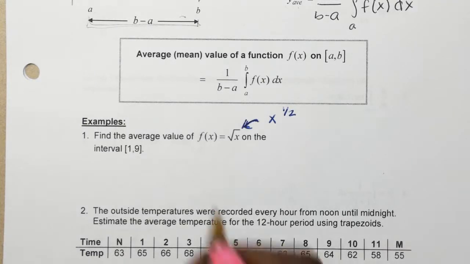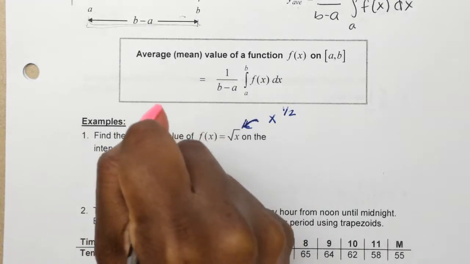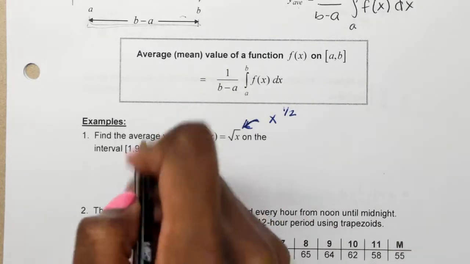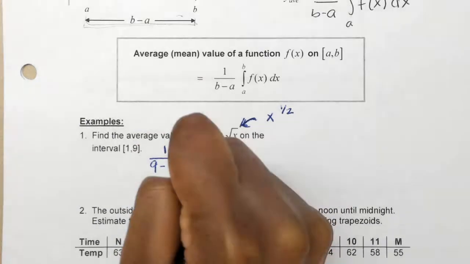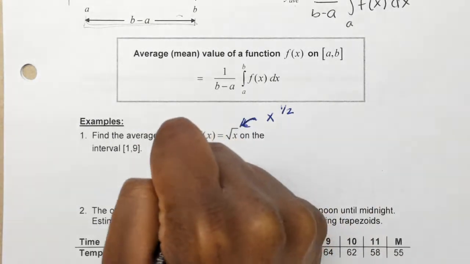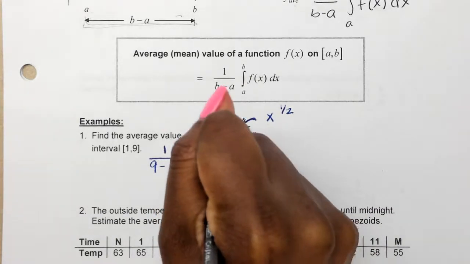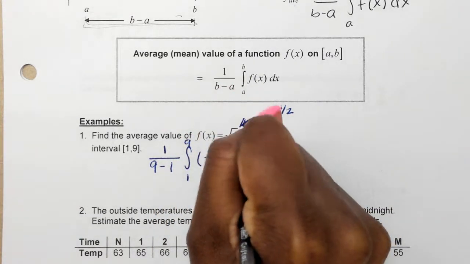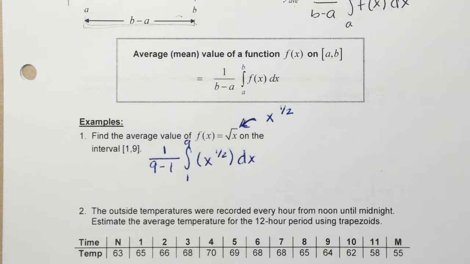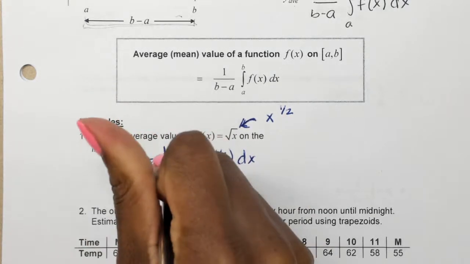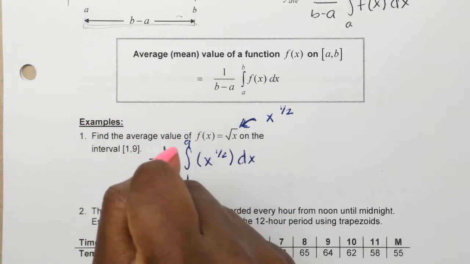Okay, so when I plug this in, I know that I'm going to have 1 over my higher limit minus my lower limit, so 9 minus 1, times the integral from 1 to 9 of x to the 1/2 dx. Okay, so then 1 over 9 minus 1 is 1 over 8.